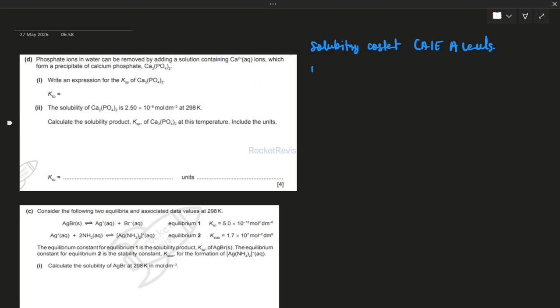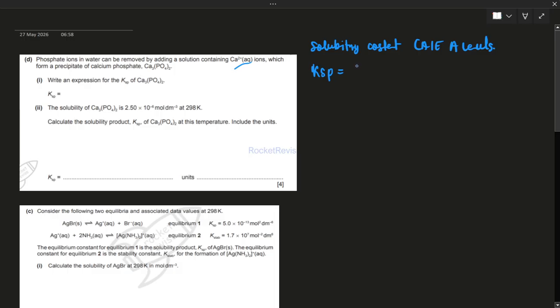Anyways, let's start. Phosphate ion containing Ca2+ and a precipitate of calcium phosphate. Write an expression for the Ksp of calcium phosphate. Whenever they ask you for the expression, all you have to do is separate the precipitate into ions.